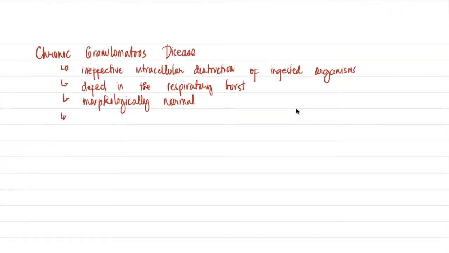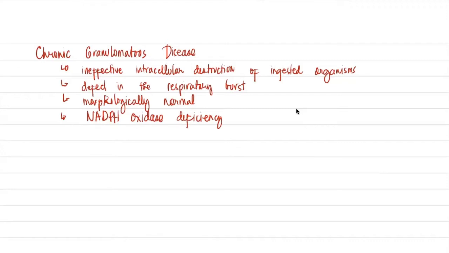A deficiency in NADPH oxidase, because this NADPH oxidase is very important in order for the phagocyte, the WBC, to be able to mount the respiratory burst.